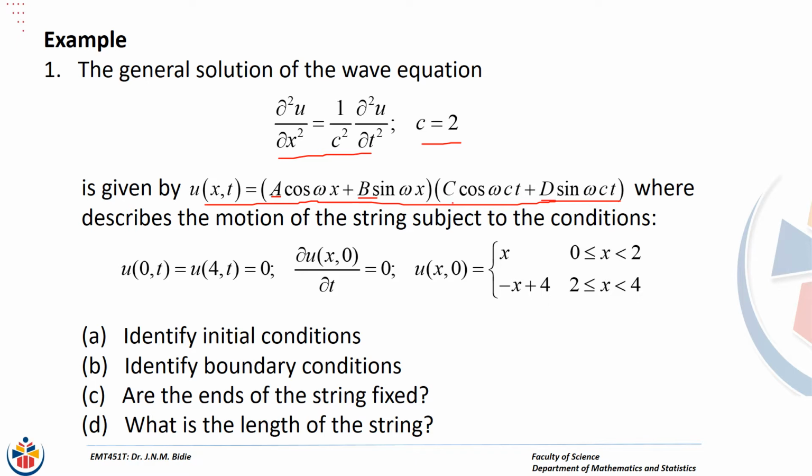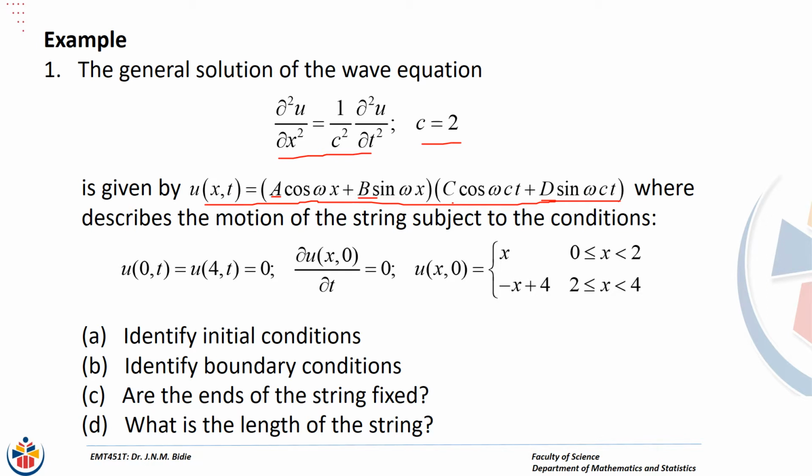Now note, we've separated the variables here. The first part on the right hand side is a function of x. The second part is a function of t. Note c is part of the argument of the second portion, but it is not there in the first portion.